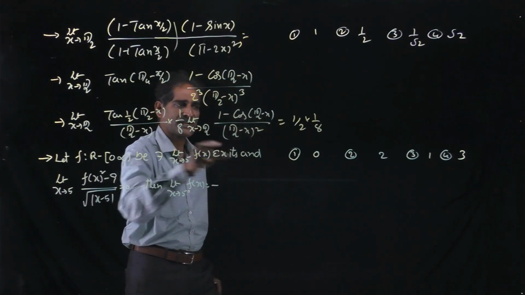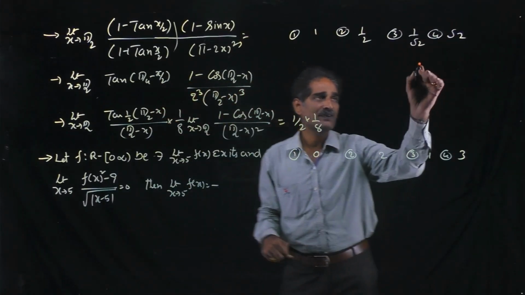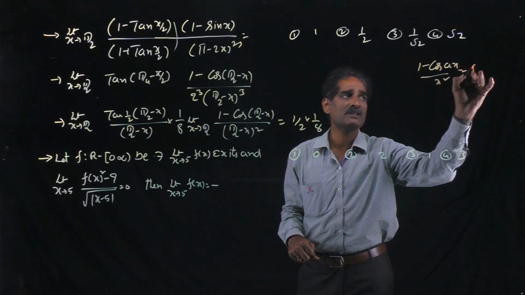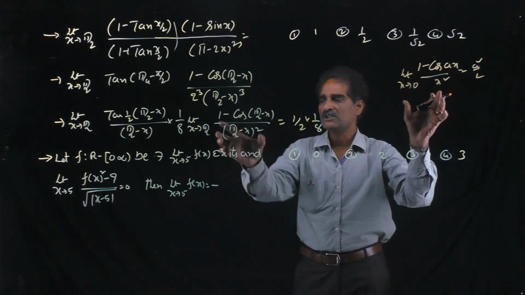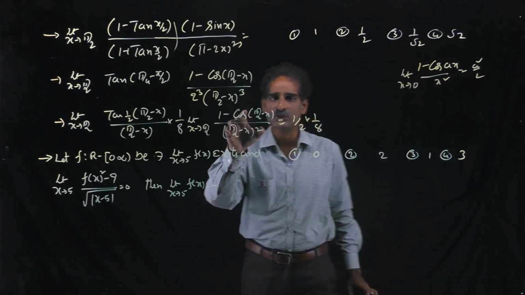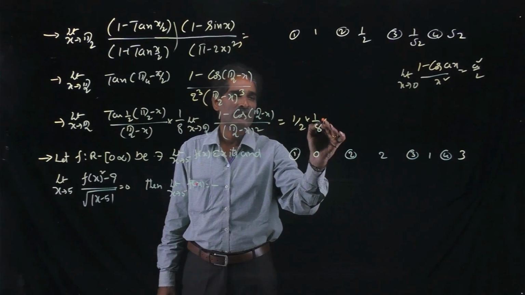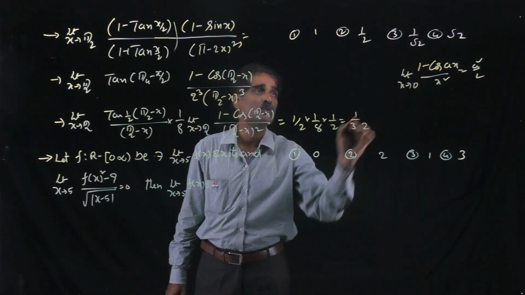It is also in standard form, 1 minus cos x by x square. If it is in the form of 1 minus cos ax by x square, there is a formula, that is a square by 2 at limit x tends to 0. It is also in the form of this, but in place of a there is only 1. So here you can write 1 square by 2. That means 1 by 2. So the value is 1 by 32.